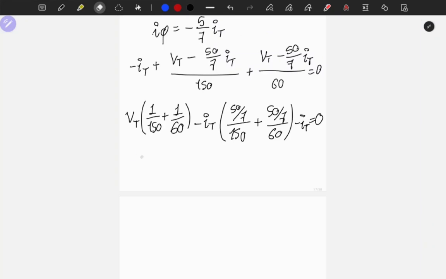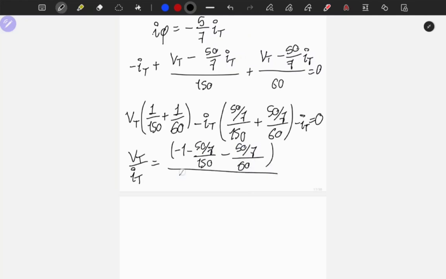So ultimately we get VT over IT. This is equal to minus 1 minus 50 over 7 over 150 minus 50 over 7 all over 60 divided by 1 over 150 plus 1 over 60, okay?